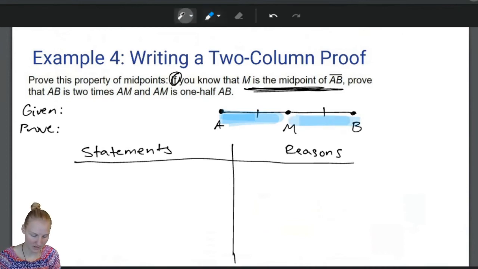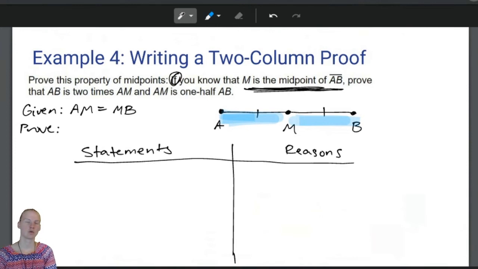So we can write that in our given: AM is equal to MB. Notice how I didn't say congruent. We know that the length of AM is equal to the length of MB, so I'm not putting any lines above the top. That's what we're given, because M is the midpoint of AB.